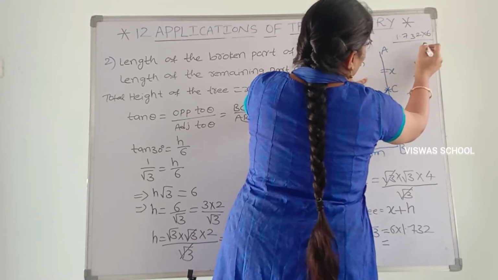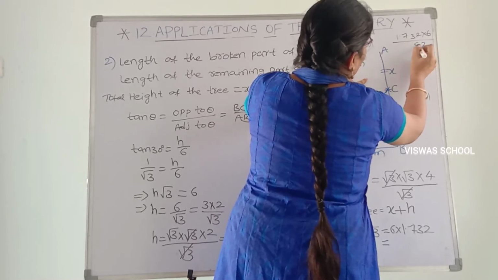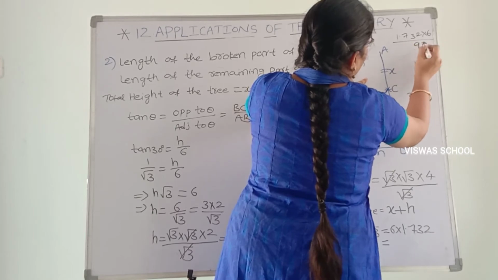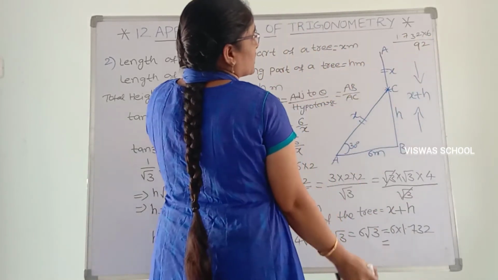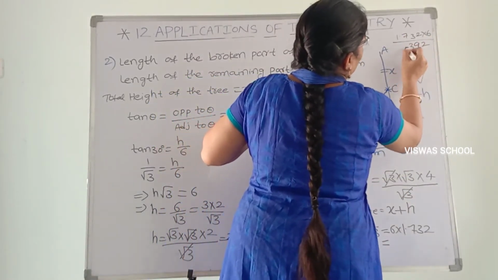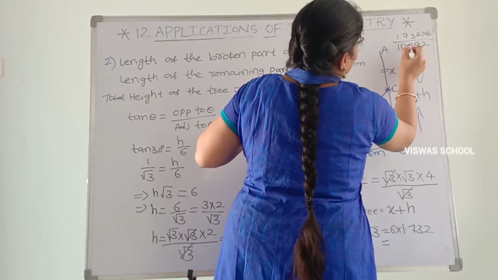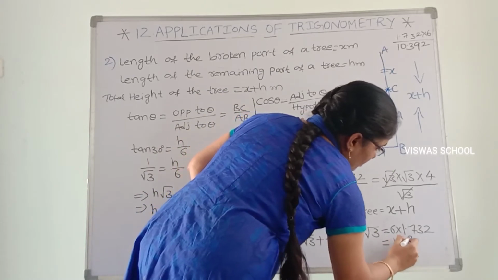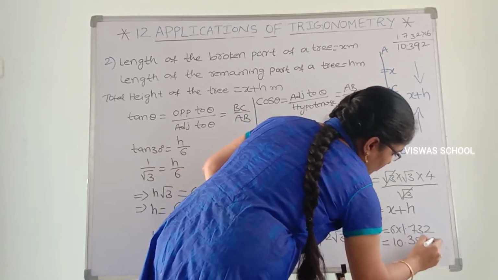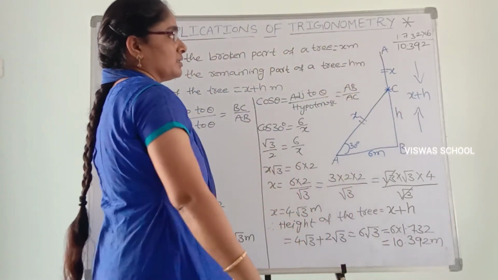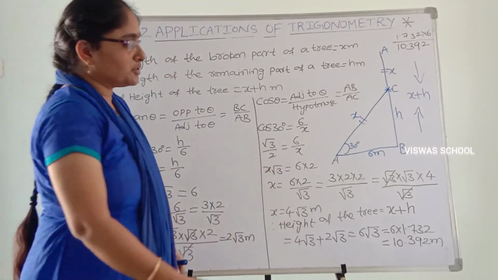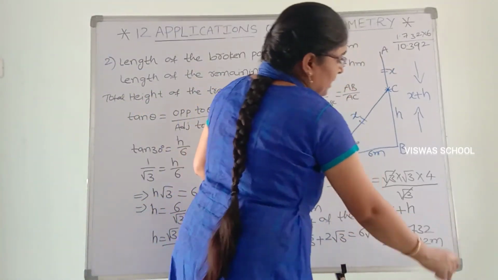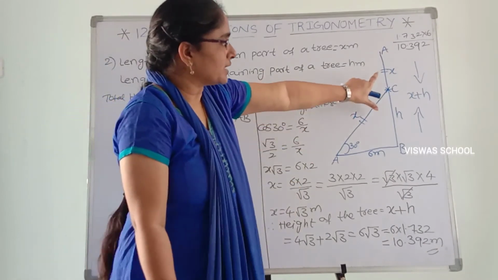That is 6 2s are 12. 6 3s are 18, plus 1 is 19. 6 sevens are 42 plus 1, that is 43, and 6 ones are 6. That is 10.392 meters. 10.392 meters is the height of the total tree.